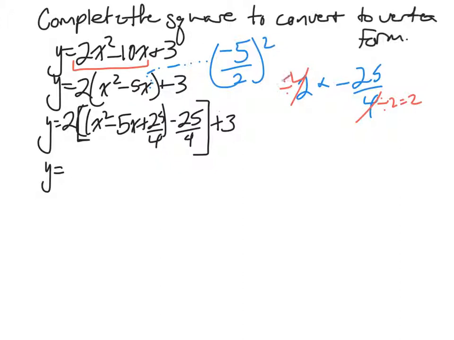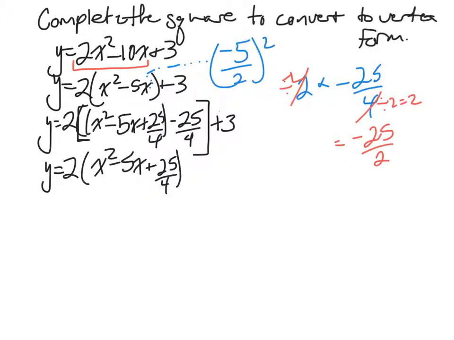So when you multiply 2 times negative 25 over 4, you'll get negative 25 over 2. So when I break this out of the brackets and multiply by 2, that's what I'm going to end up getting. I'll write that out and erase my rough work. So I've got 2 times x squared minus 5x plus 25 over 4, close bracket, minus 25 over 2.